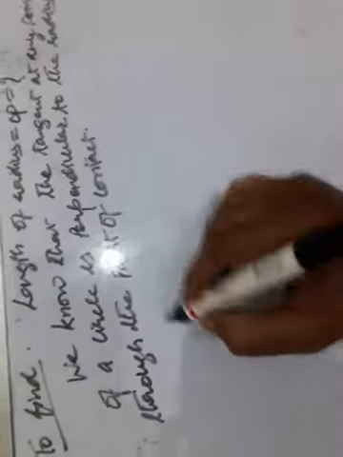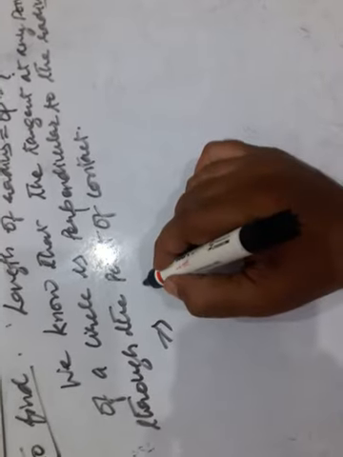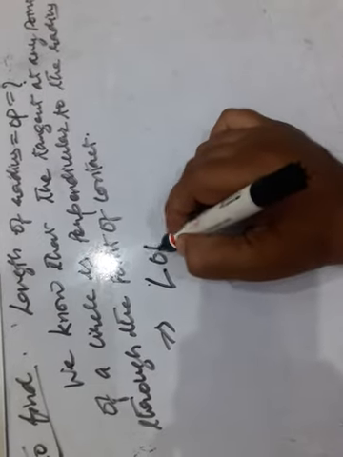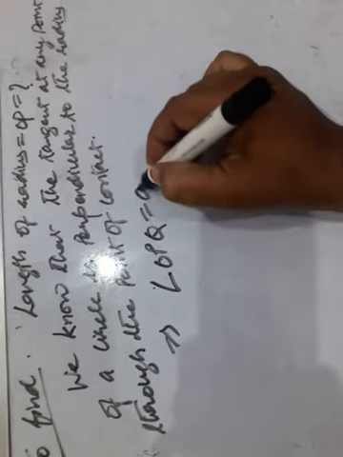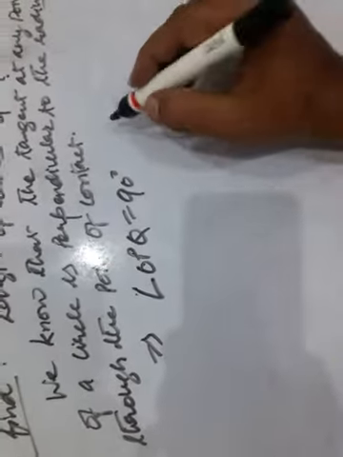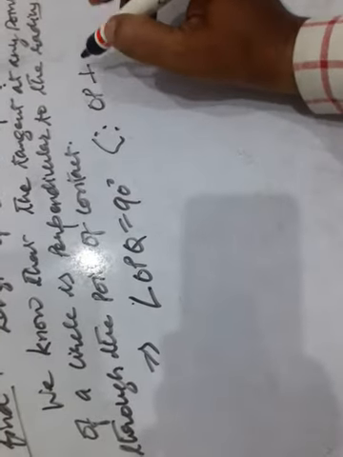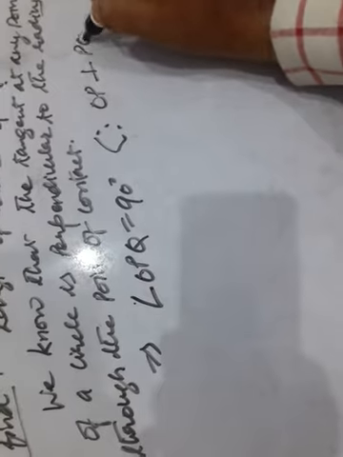What does it mean? This implies that angle OPQ equals 90 degrees. Because according to this theorem, since OP is perpendicular to PQ, that is theorem 10.1, right?